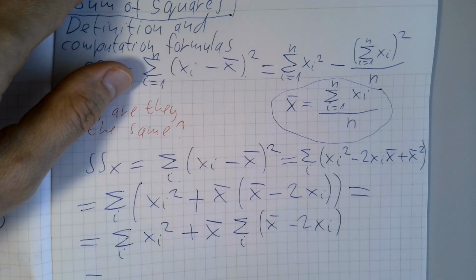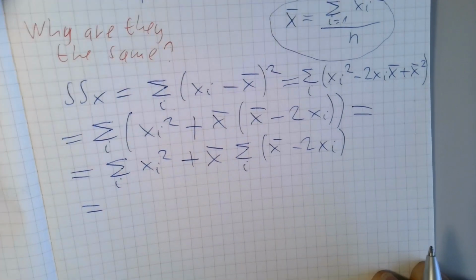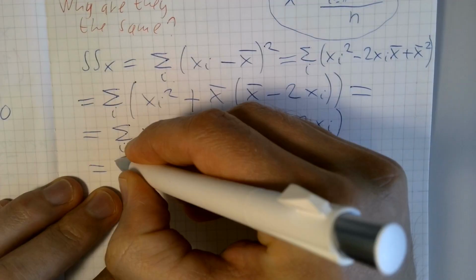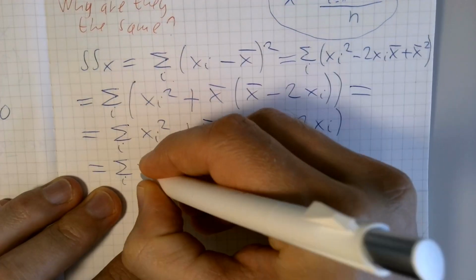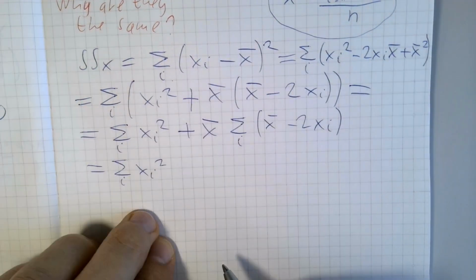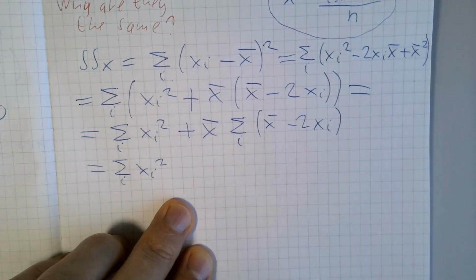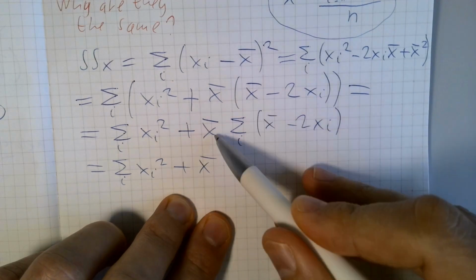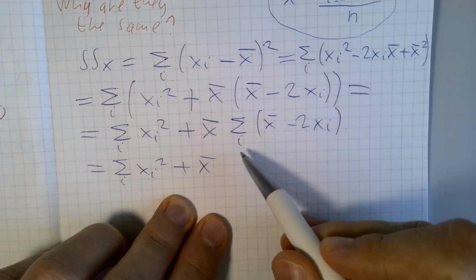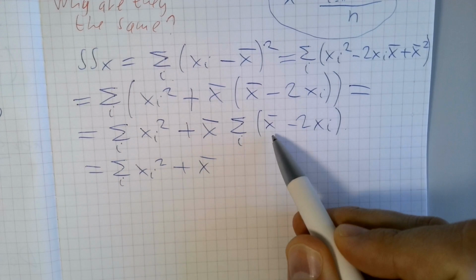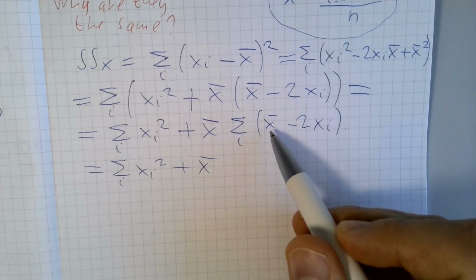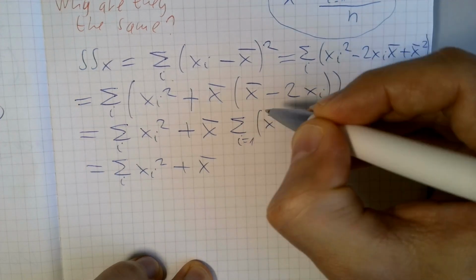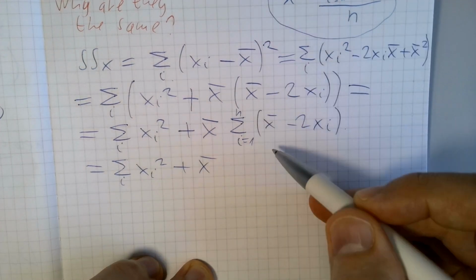So we need to continue. Of course, I have to write this down as well. Plus. So now I'm looking at this expression. So I know that I'm summing, I'm adding up n times. This is i equals 1 up to n, and that's just a constant.